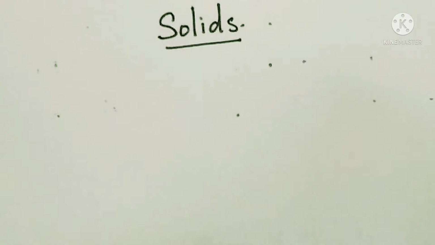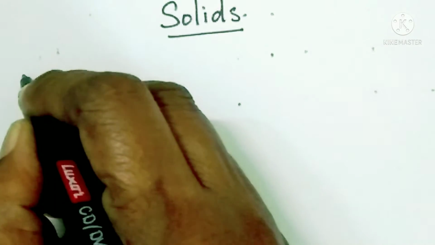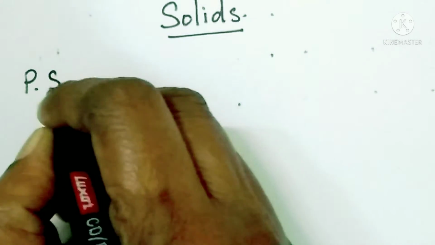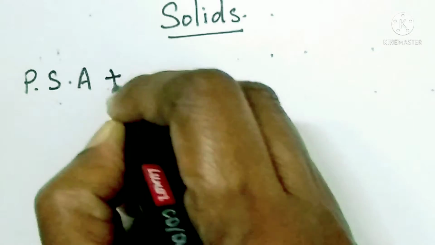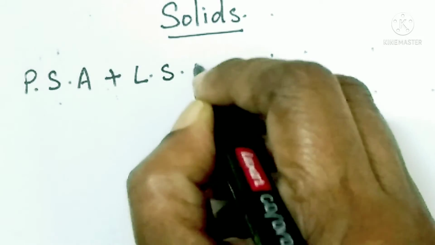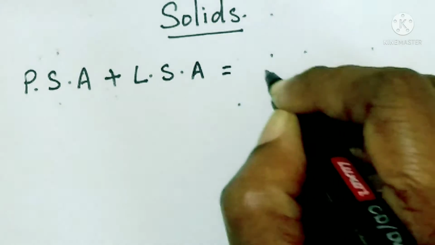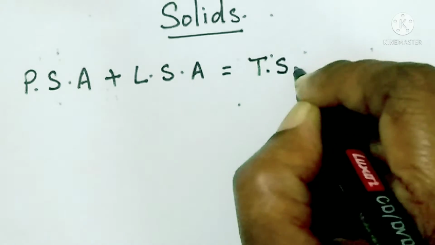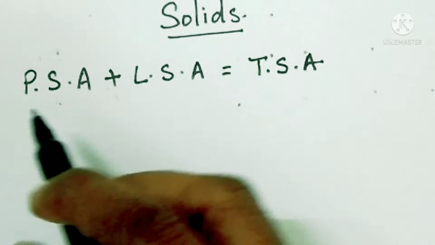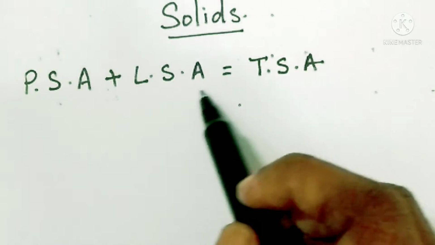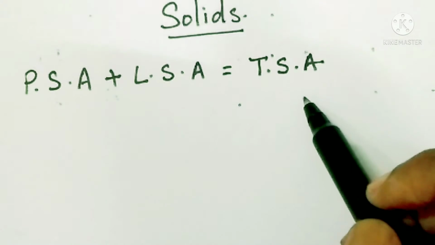So to find the total surface area, what all things do we need to add? End surface area or plane surface area plus lateral surface area will give you total surface area.